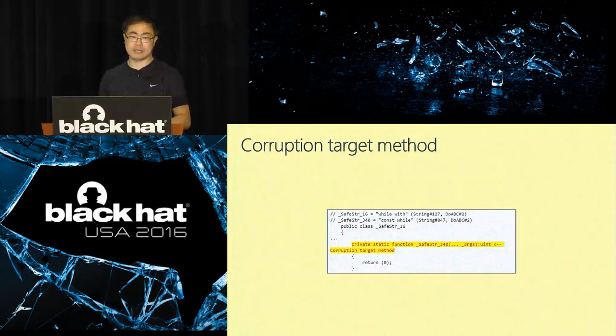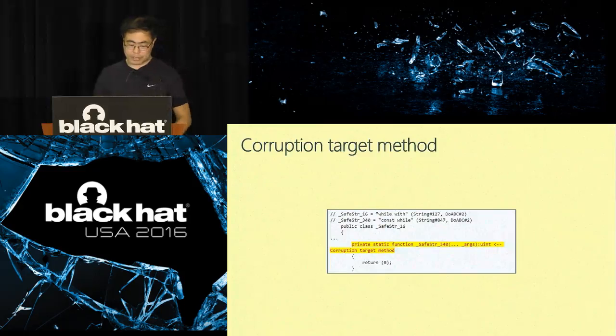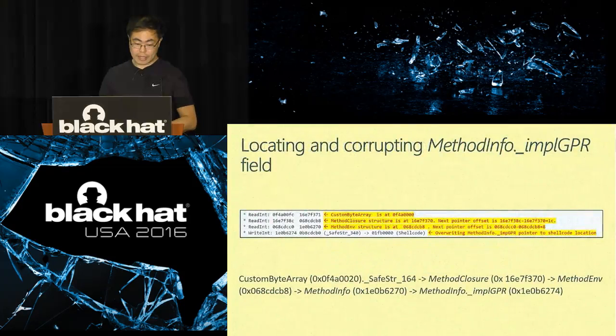It doesn't have anything inside. It just returns 0. It's just a blank method. And this blank method is actually the corruption target. And these 4 lines of Flash Hacker log actually show how the exploit locates the actual method info GPR.